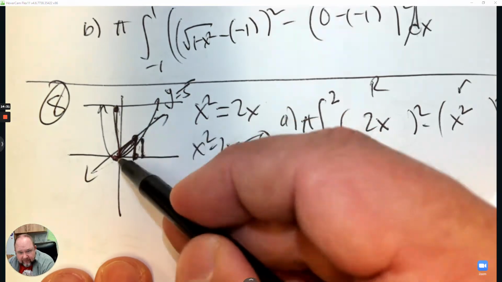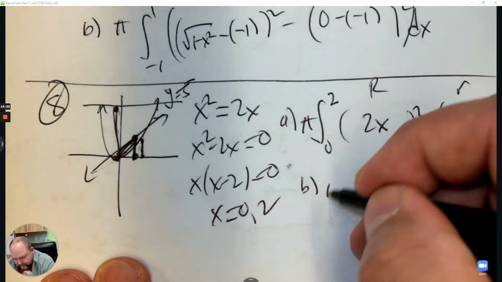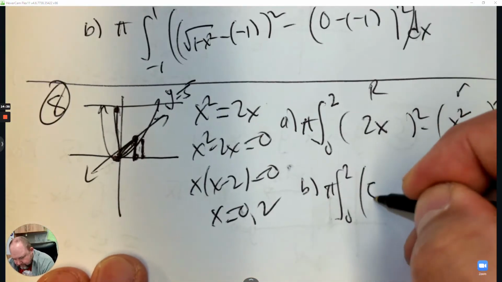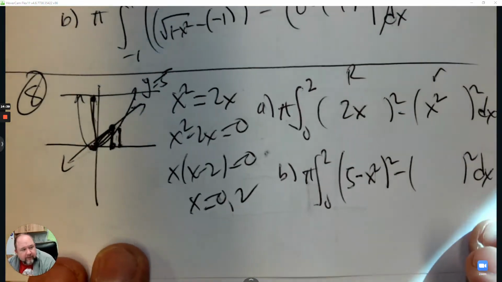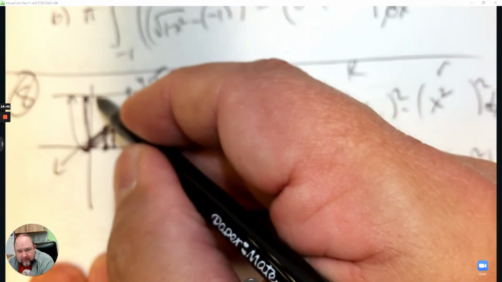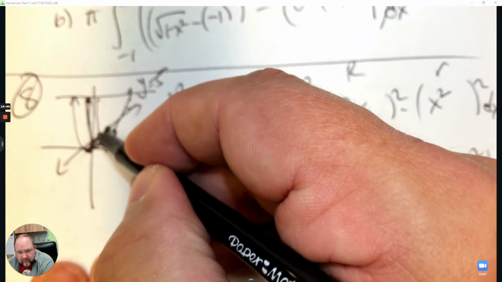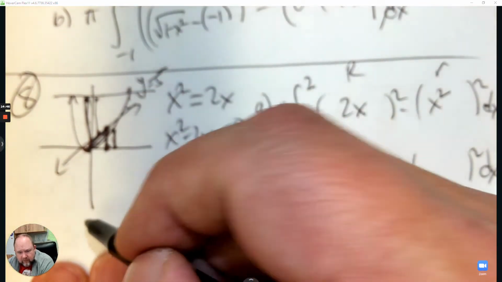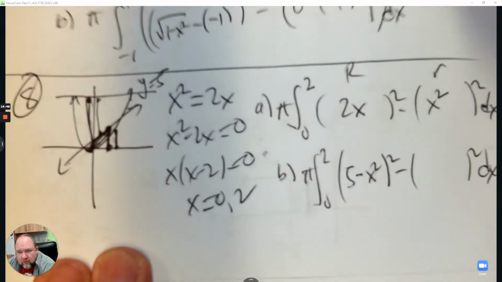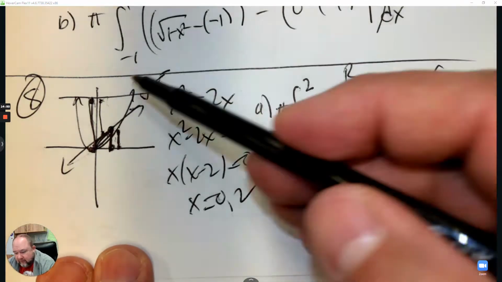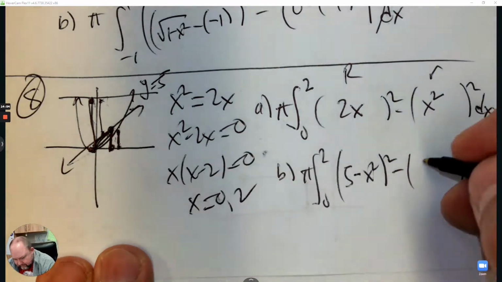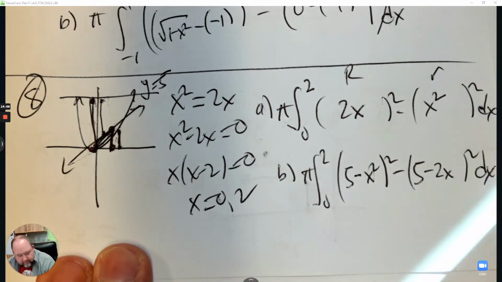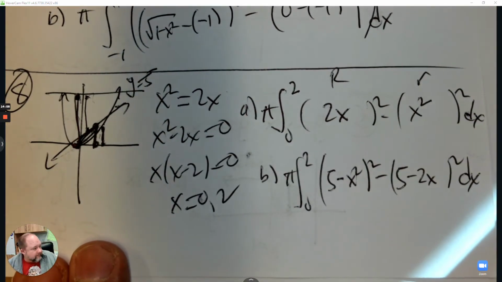So that's 5, take away the curve, which is x squared. And then the small radius would be here to here. There it is. So that would be 5 take away the line would be the small radius. And there's the setup.